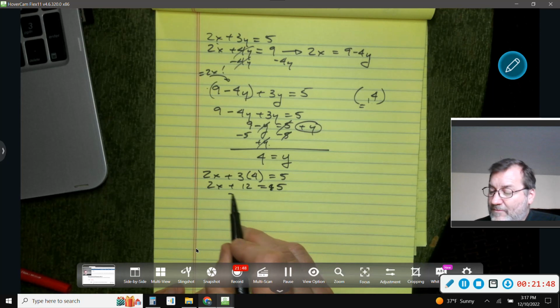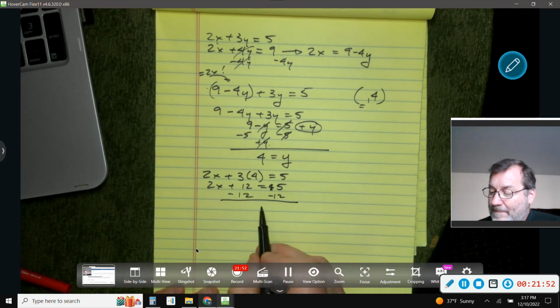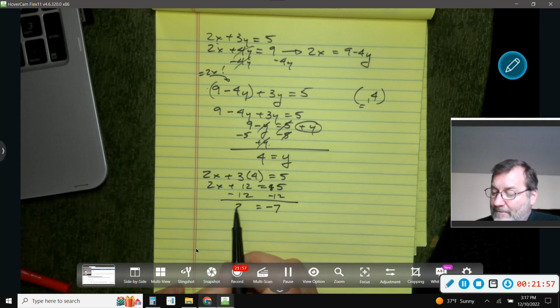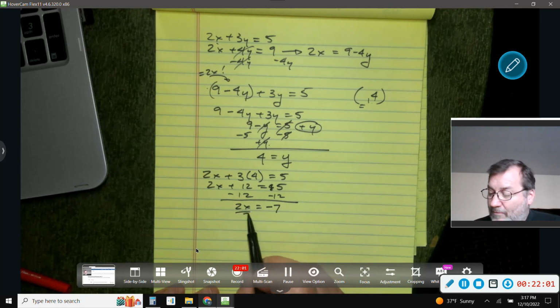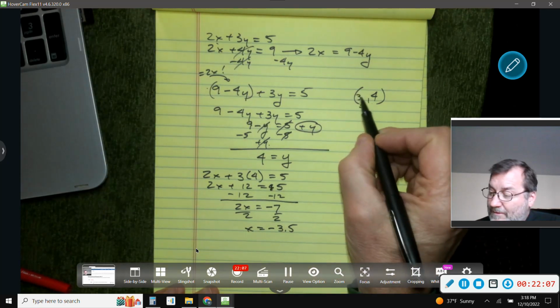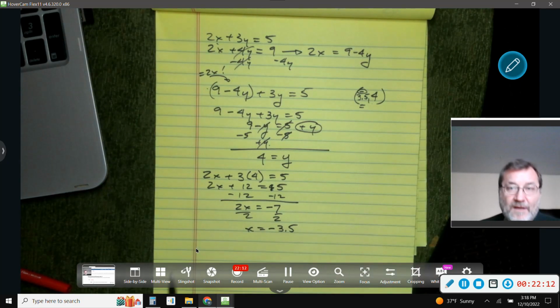I'm going to subtract 12 from both sides so I can isolate the 2x. 5 minus 12 is a negative 7. So 2x equals negative 7. I divide both sides by 2. x equals negative 3.5. I'm going to put a little negative sign there, just so everybody knows.